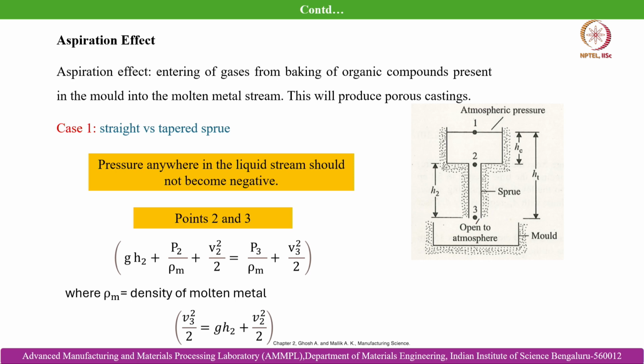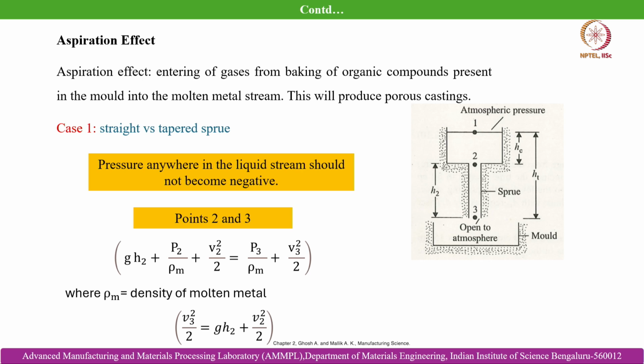If we apply Bernoulli's equation between point 2 and 3, then we can understand why we cannot have a straight cylindrical sprue in casting processes, to avoid the air aspiration effect.